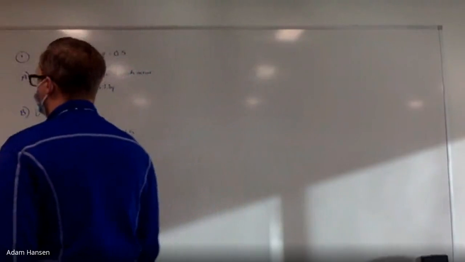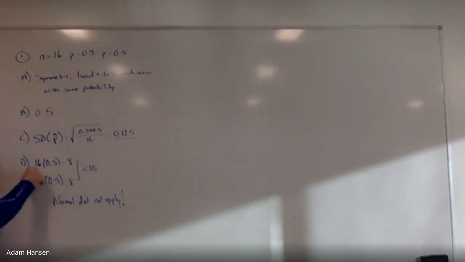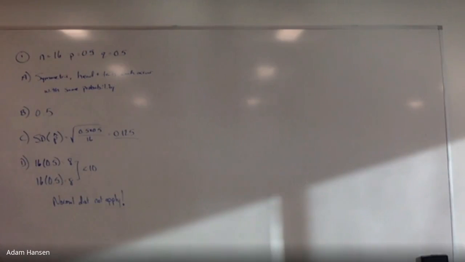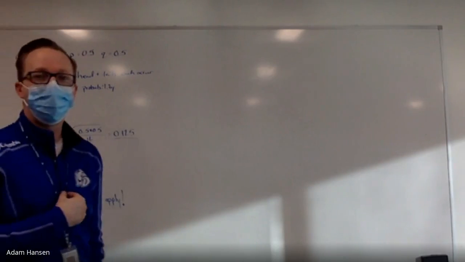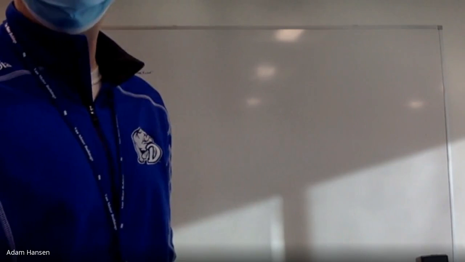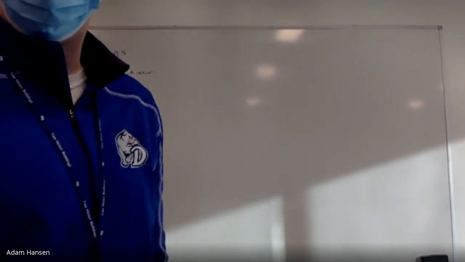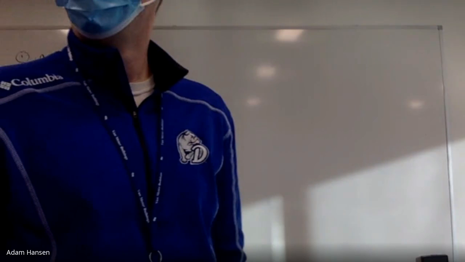Why is 25 better than 16? When I take 25 times 50% and 25 times 50%, is that going to be more than 10? Yeah. So now we're going to follow a normal distribution. A normal model applies. Let's use the 68, 95, 99.7% rule to describe the sampling distribution for this scenario.